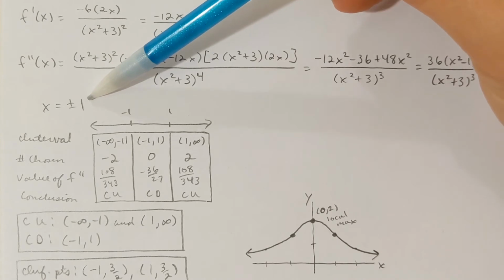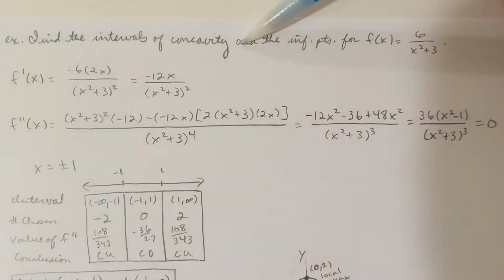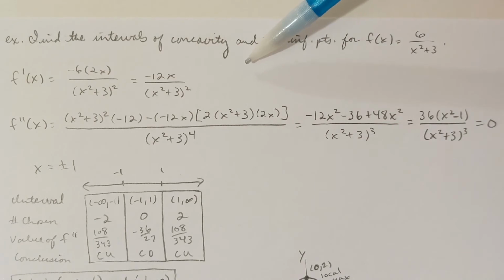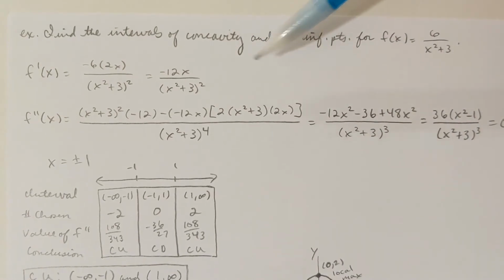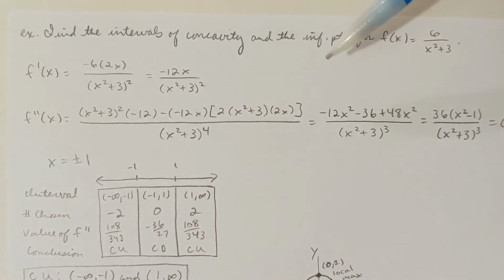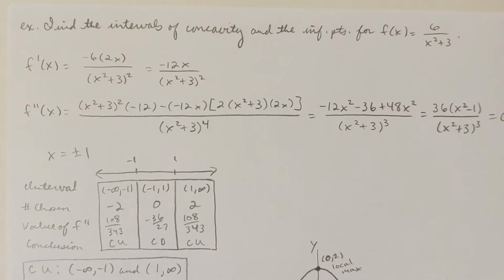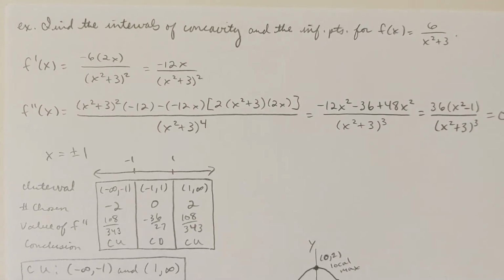A critical value is a number in the domain that will return 0 when you plug it into the first derivative, or it's a number that you can't plug into the first derivative. Okay, critical numbers have nothing to do with the second derivative, but these are still key numbers that I'm working with. Okay, so I guess the point of that would be just be careful with the term critical values. Okay, because that's specifically just for the first derivative.